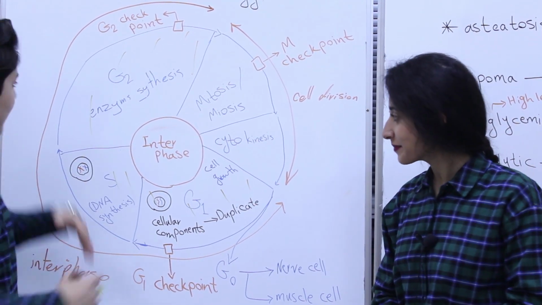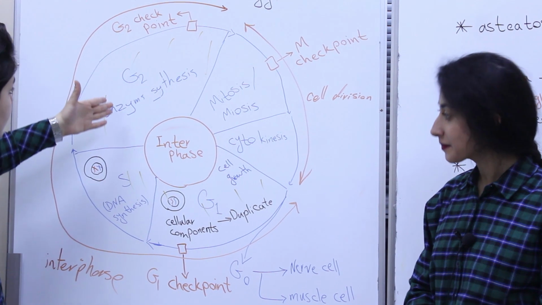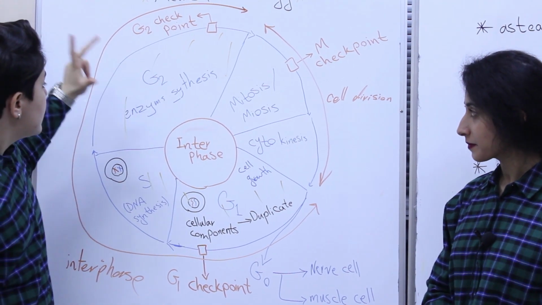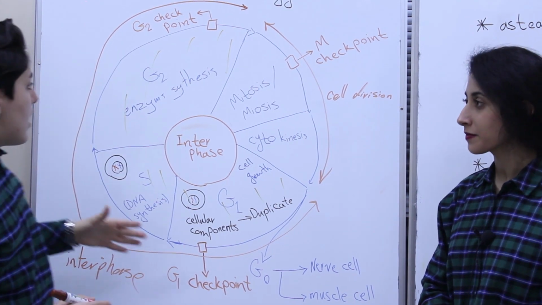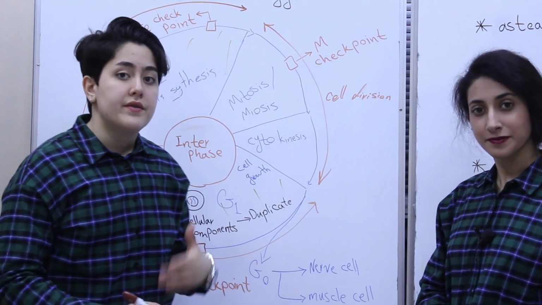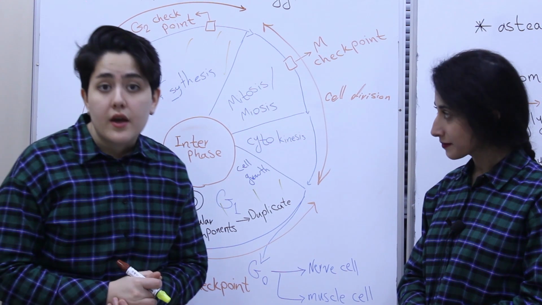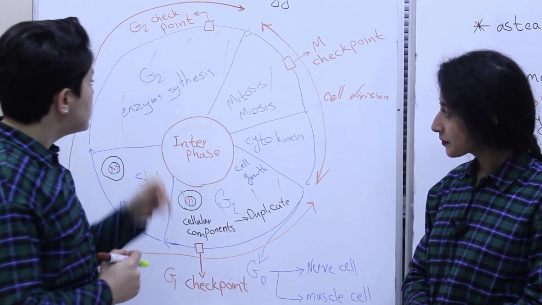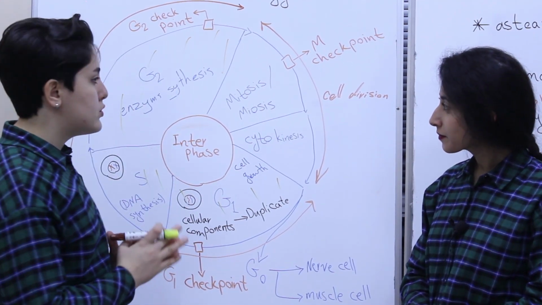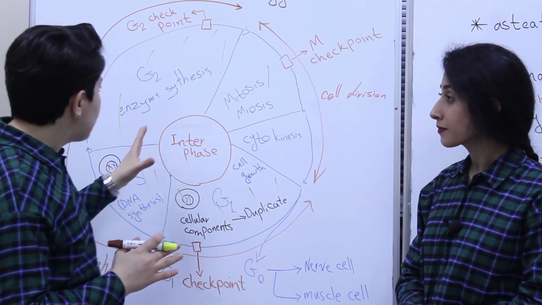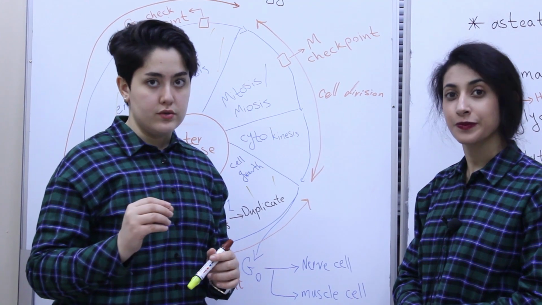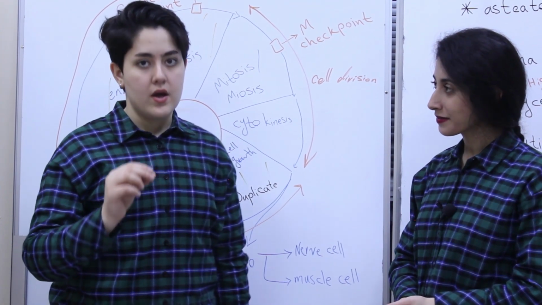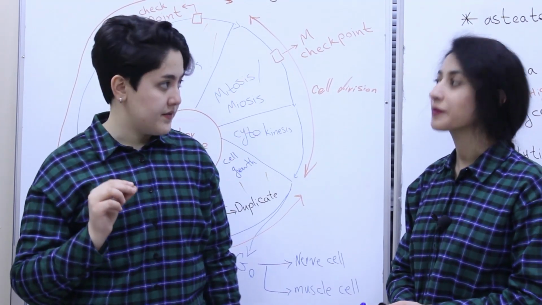No, that's good. So I go to the next phase, which is G2, where enzymes are synthesized for the DNA replication, and also here we have the completion of the copy of the centrioles, because the centrioles have an important role in cell division.